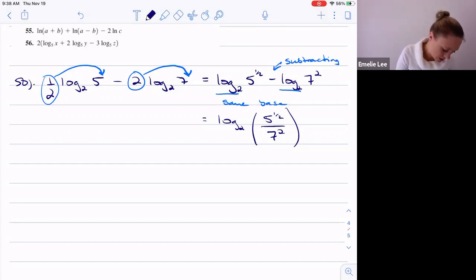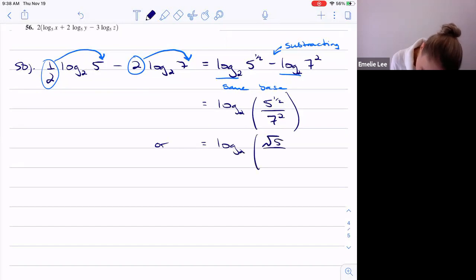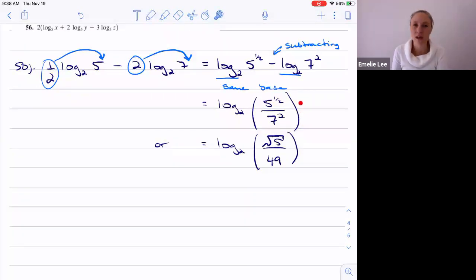Does it work out to anything? Root 5 divided by 49? No. So, log base 2 of root 5 over 49. If you stopped here, I'd be fine with that, right?